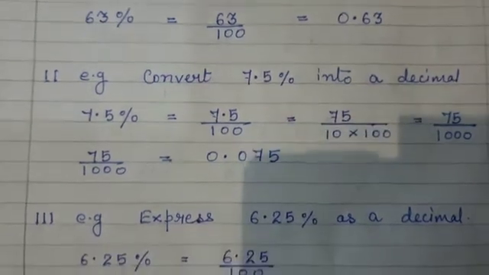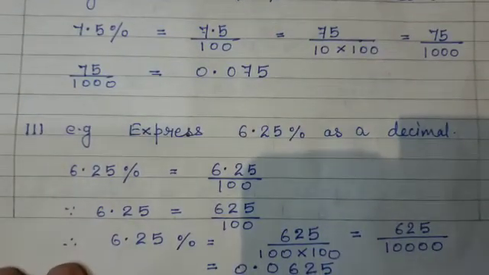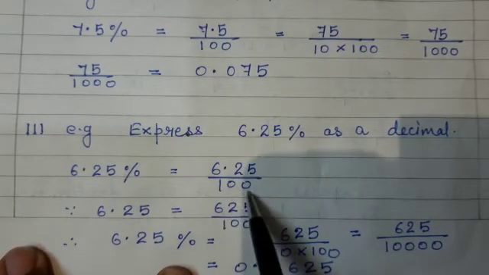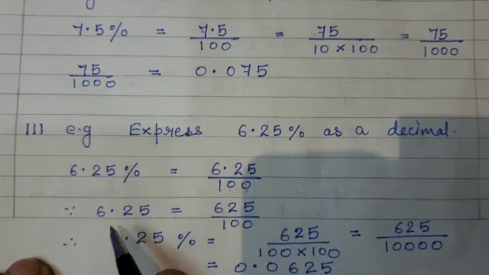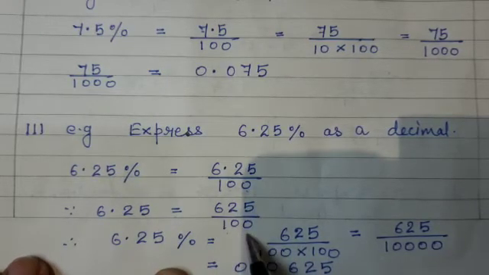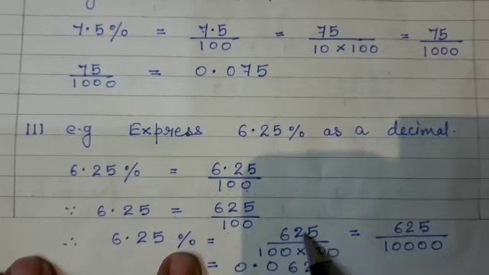See another example, express 6.25% as a decimal. So, 6.25% is equal to 6.25 upon 100. After removing the symbol, we need to divide by 100. Now, we have to remove the decimal point. Therefore, 6.25% is equal to 625 upon 100 into 100.